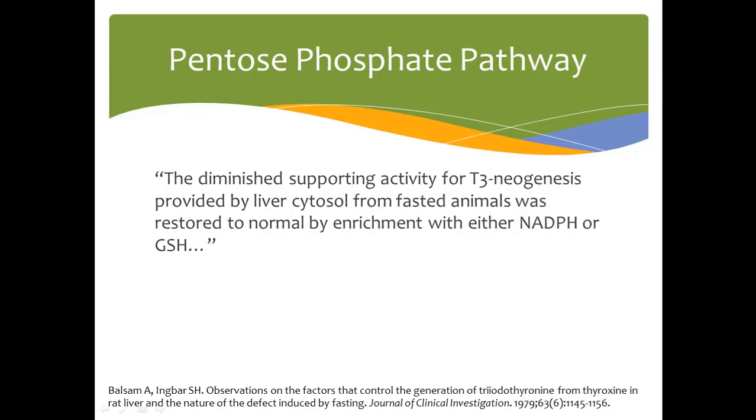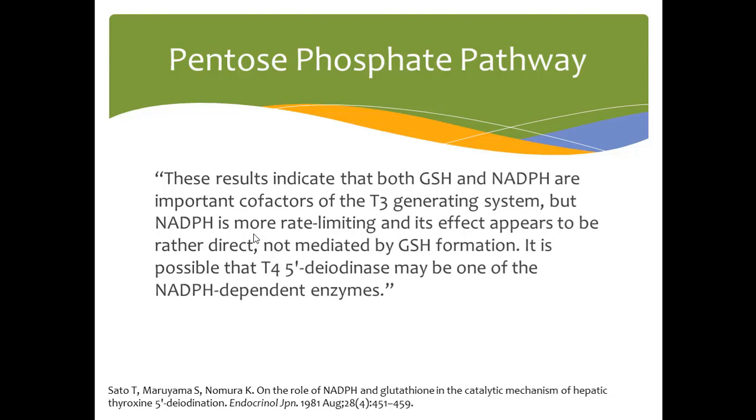I believe this was a rat study, the rat liver here, with NADPH or glutathione. And this was further supported by some later research that indicated that it was actually NADPH that was more rate limiting, and its effects appear to be rather direct, not just by glutathione formation alone, but directly supporting those T4 deiodinase enzymes, and of course the production of that active T3 hormone.